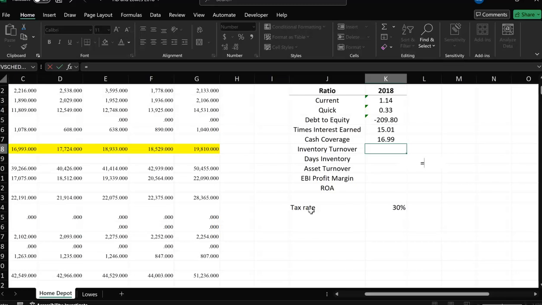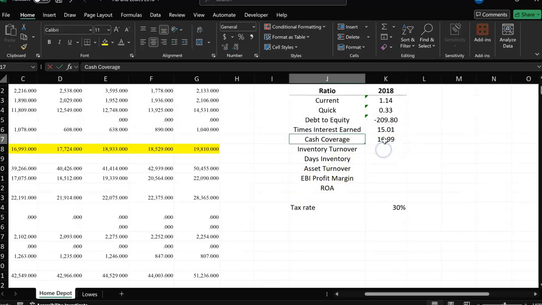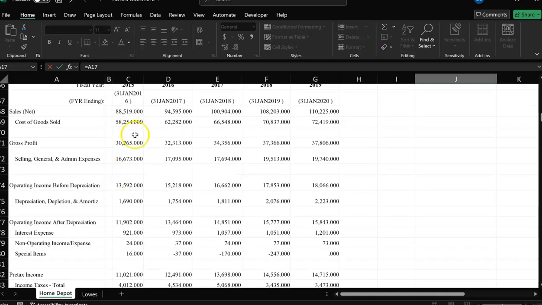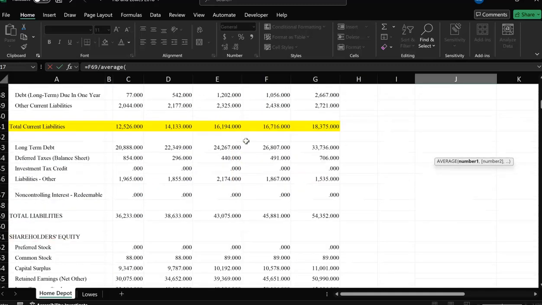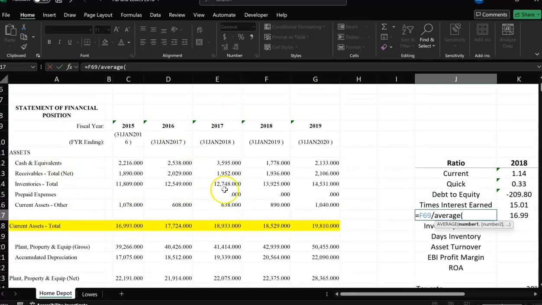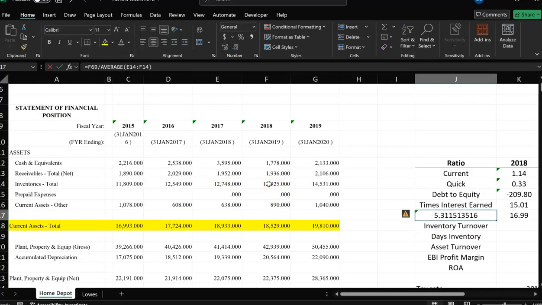Now remember, inventory turnover starts with cost of goods sold from the income statement for 2018, and I'm going to divide by the average amount of inventory using the numbers from the 2017 and 2018 balance sheets. So I've taken the cost of goods sold from 2018 divided by the average inventory over the year, and that will get me a number there.